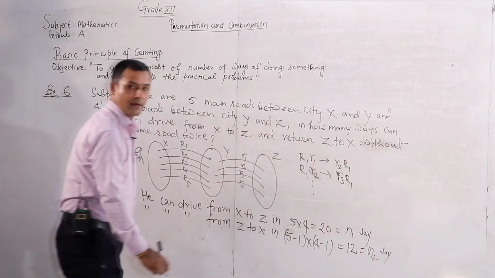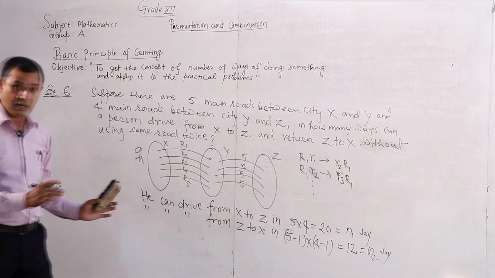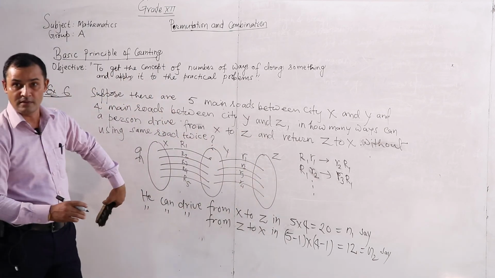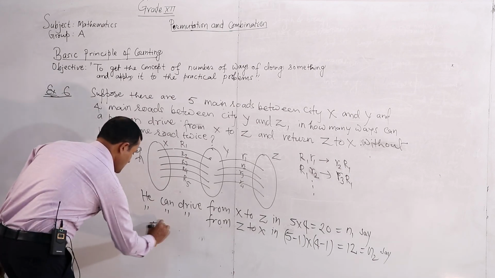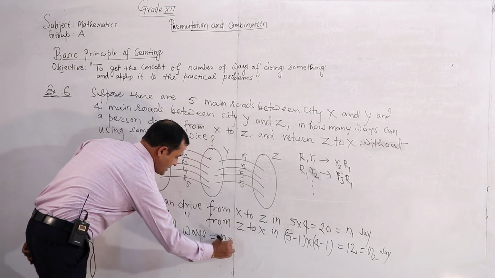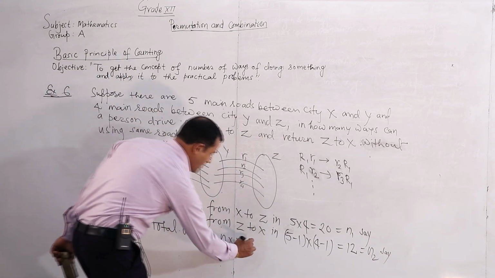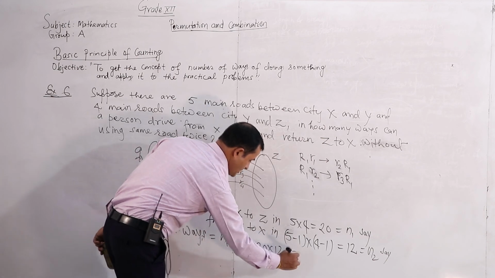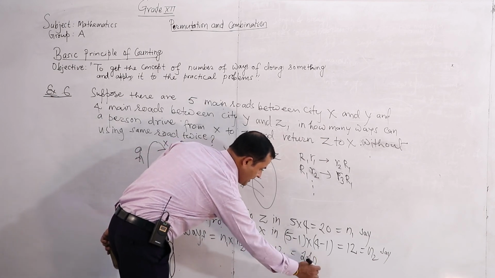So the total ways by the basic principle of counting, going from X to Z and returning from Z to X, is N1 into N2, which is 20 times 12, which is 240.